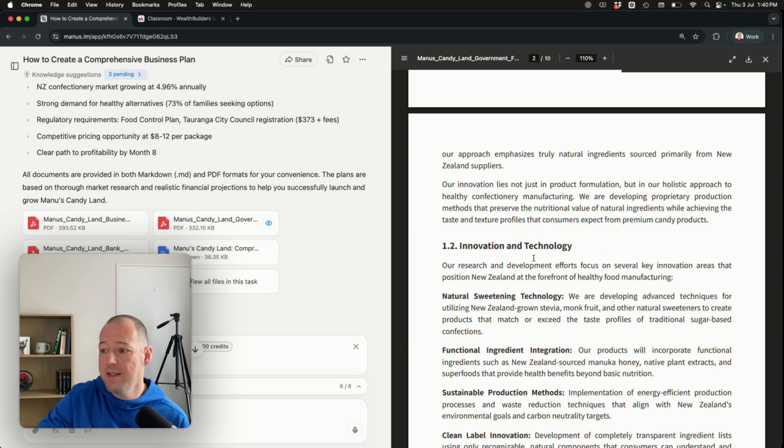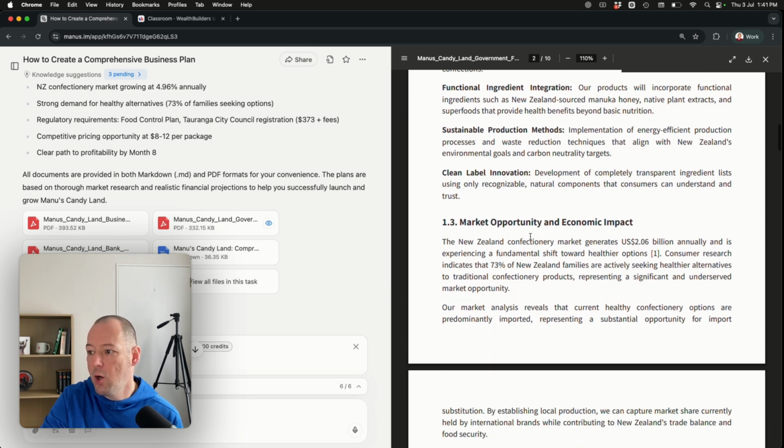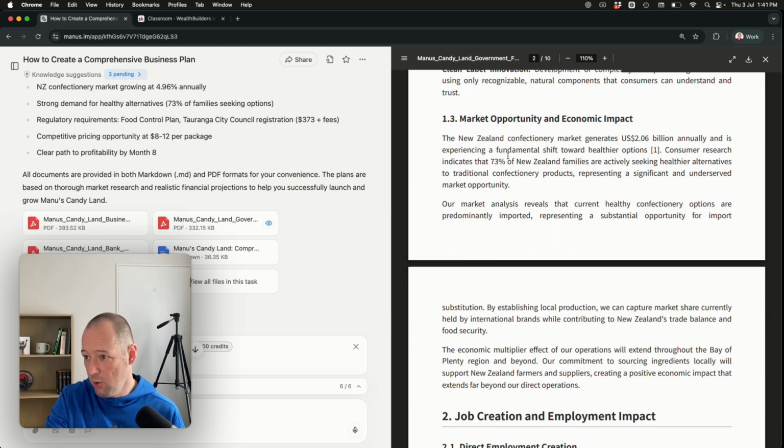So why your business is different and is worth funding. And then the market opportunity, because they want to know that you have a future perspective ahead of you. And it gives you all the information, how big the market is in New Zealand, and about our growth potential in our niche. This is amazing.